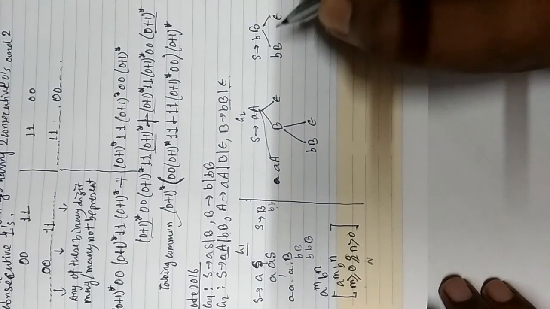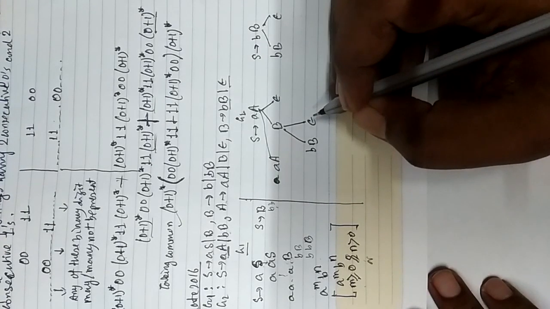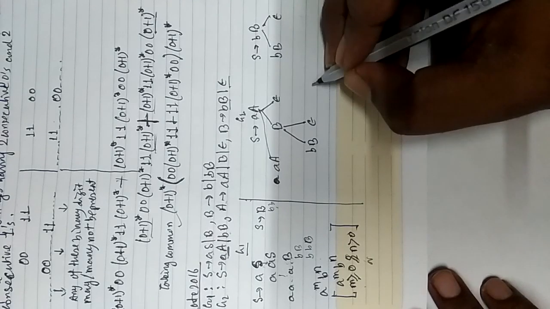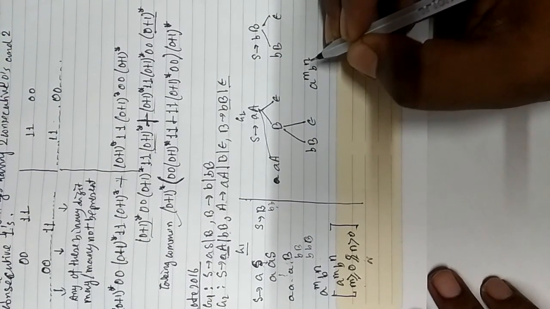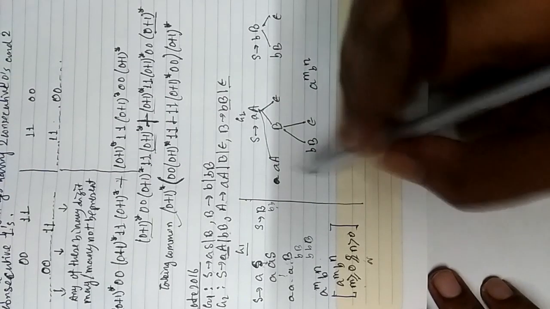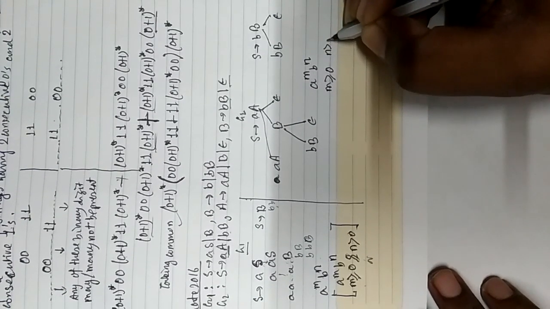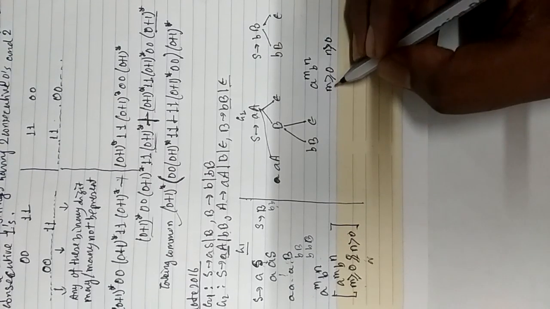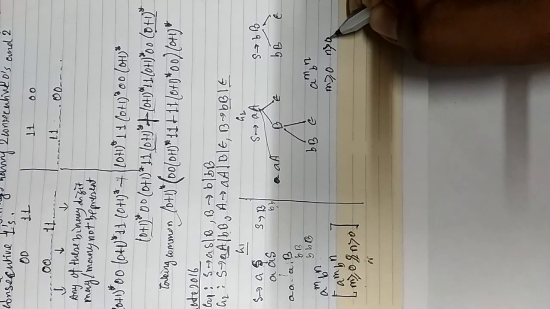If you put epsilon, you will get only B. So if you see these 2 things, you are again getting A to the power M and B to the power N. If you elaborate this, you will again get that M is greater than or equal to 0, but N is greater than 0.